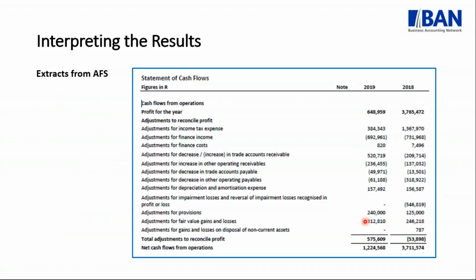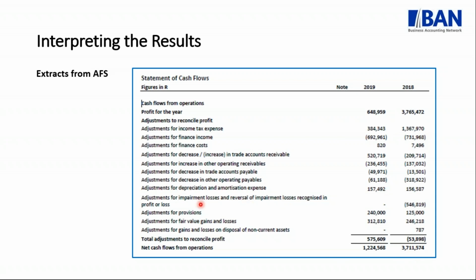And then here I want to show a little bit more detail in your statement of cash flows under the cash flows from operations. This extract shows you a whole lot of detail in terms of what could be adjusted in terms of non-cash items or trading items to get to your cash flow from operations. So for example, here I can highlight depreciation and amortization. That's a non-cash entry.